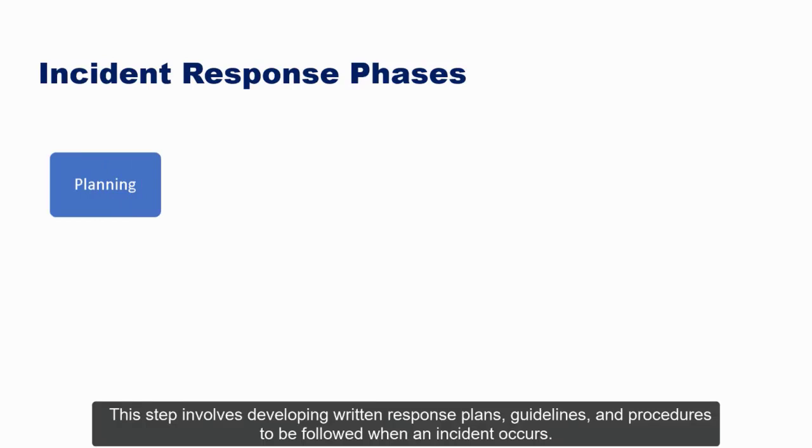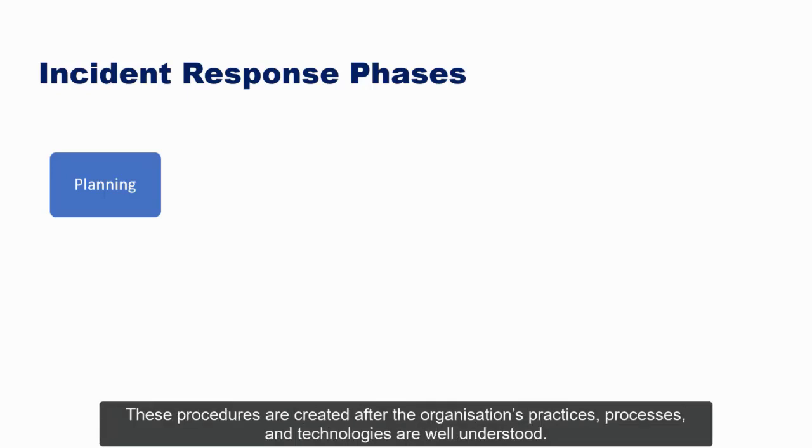Planning. This step involves developing written response plans, guidelines, and procedures to be followed when an incident occurs. These procedures are created after the organization's practices, processes, and technologies are well understood.